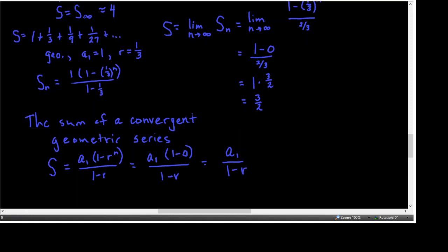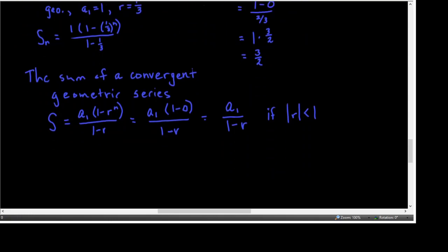Now, that only works when the geometric series converges, and that's going to happen only if the absolute value of r is less than 1. Okay? That's only going to happen in certain circumstances. And in order for that to happen, r has to be a value that, when you take the absolute value of it, it's less than 1.